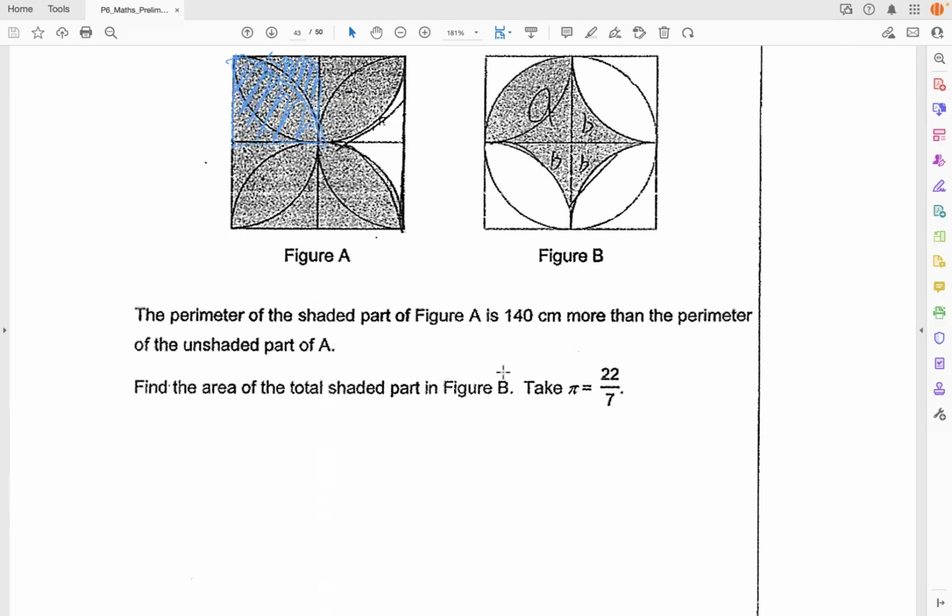So this is how I approach a question. Next, in all circles questions, it's important you know where the radius are. Okay. So this is a circle. The radius will be here, which is also here, right? Which is also here. These are all radius, right? The length of radius.